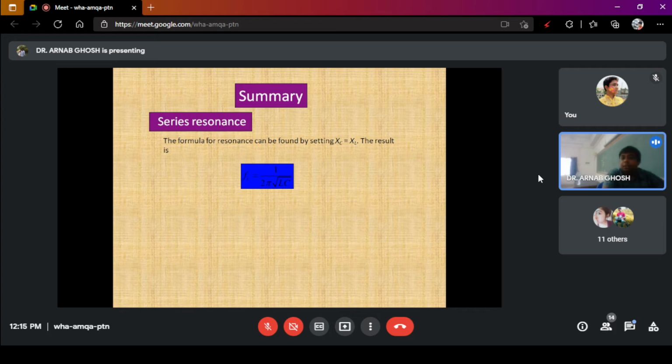Now, what is the formula for finding out the resonant frequency? See, XC is equal to XL. So, I'm writing this down.